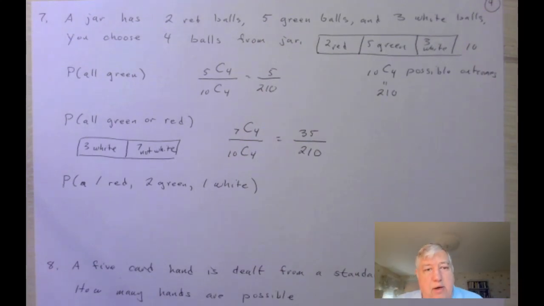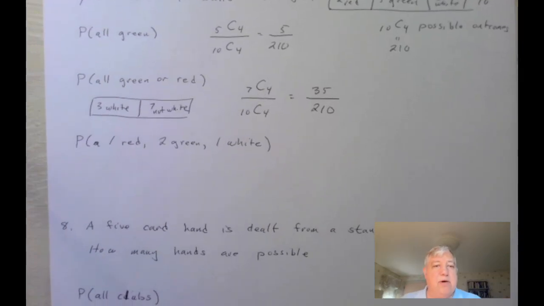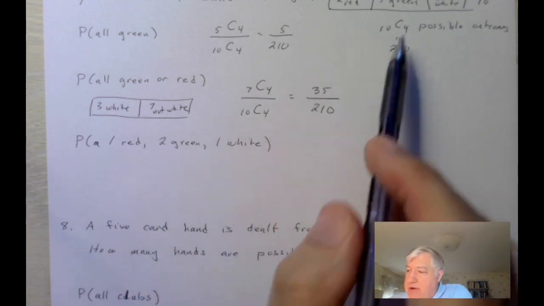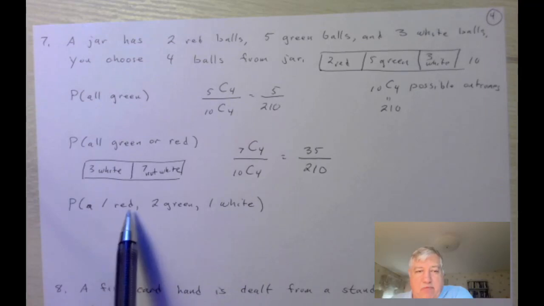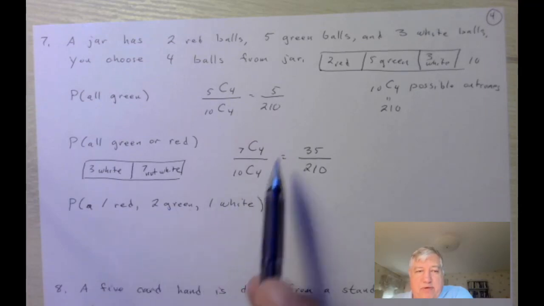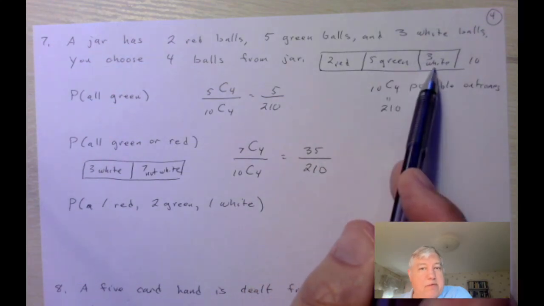If we wanted to find the probability of 1 red, 2 green, and 1 white, well, we're in this situation. I tell you I need 1 red, 2 green, and 1 white. What do you do? You pick 1 from here, 2 from here, and then 1 from here.